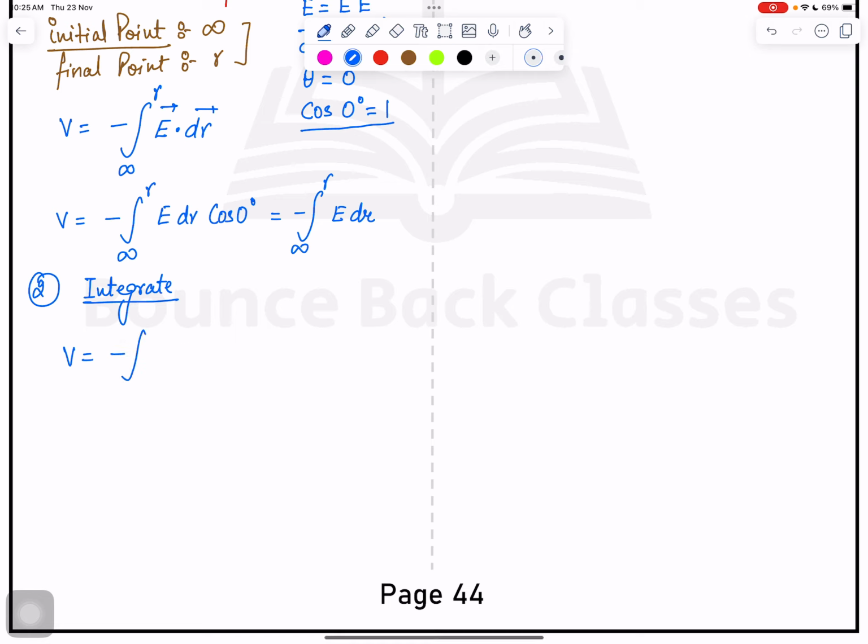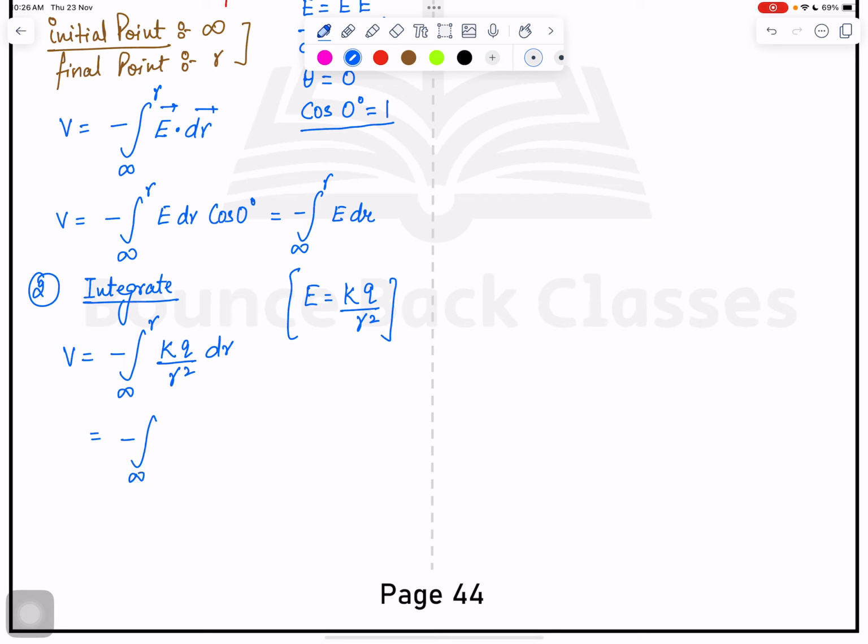So what is the value of E? We know it is k times q over r square, and I will write it here for you in the box. I just replace the E in the integral from infinity to r. Solve this.